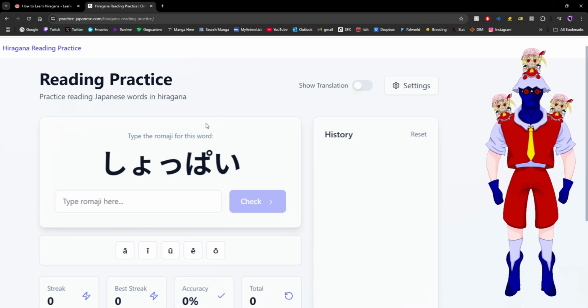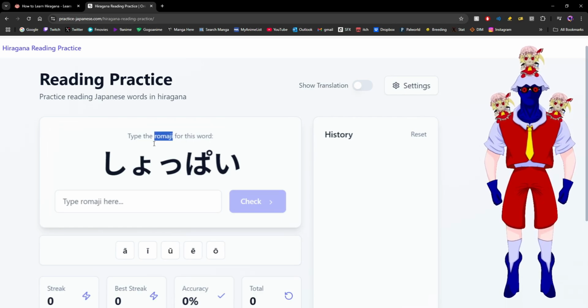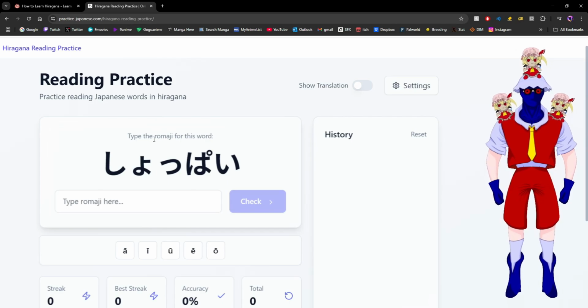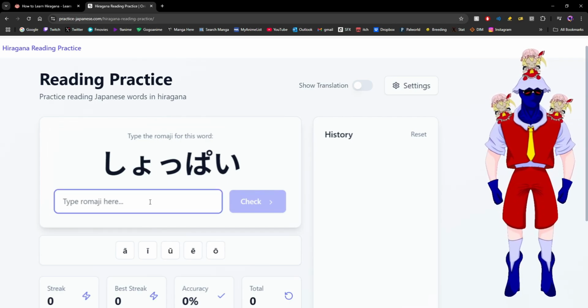As long as you can read it out loud, that's all that matters, because believe me, Japan doesn't care about Romaji. So yeah, this is only just for your practice, not for actual implementation.